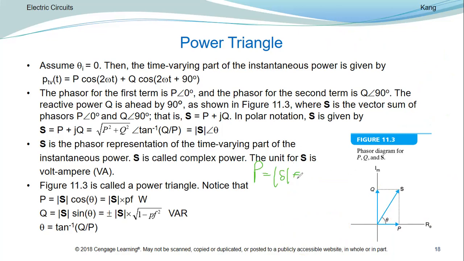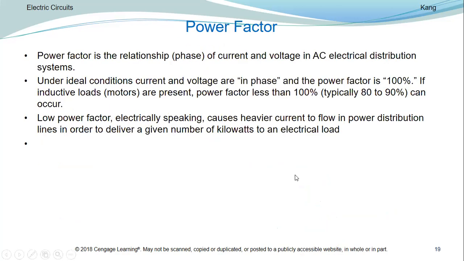So theta equals tan inverse Q upon P. This will deliver the value of theta for the whole power triangle.